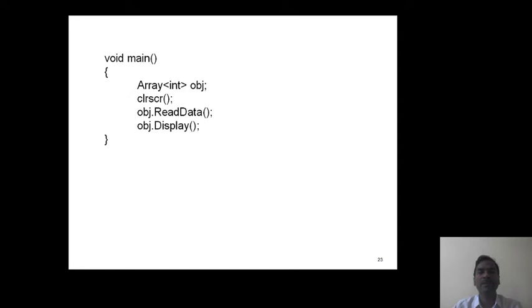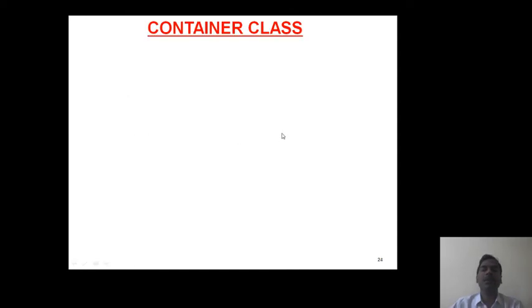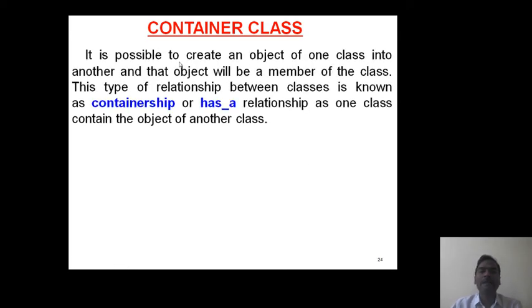Okay. Now another concept, container class. Here it is possible to create one object within another class. One object acts as a member of another class. Such a representation is known as a container class.